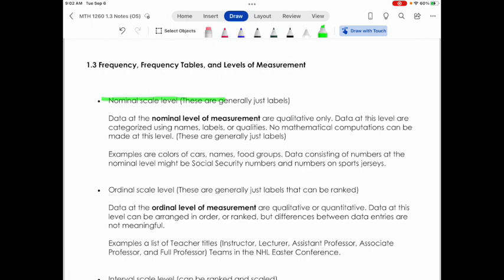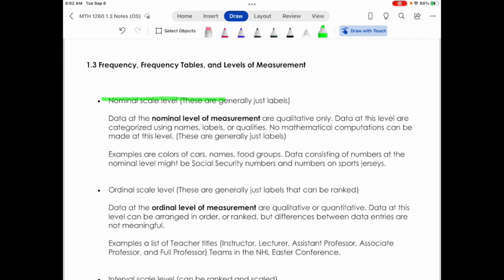Now, if you have categories that can be listed in order that has some kind of meaningful definition to be listed that way, that is called an ordinal scale level. An example of that, and I have that listed down here, is titles at your job.